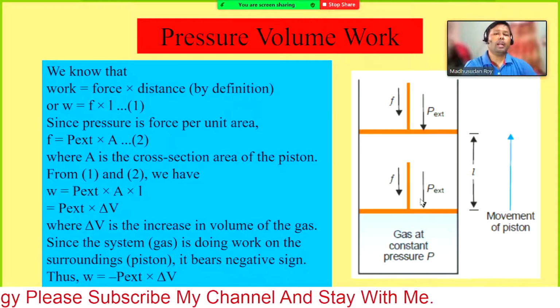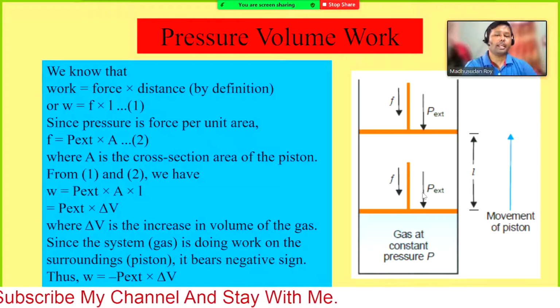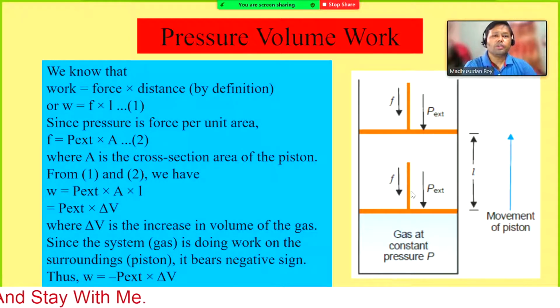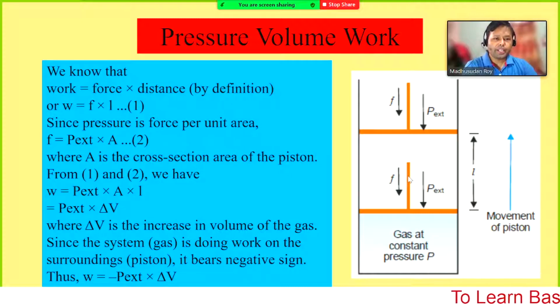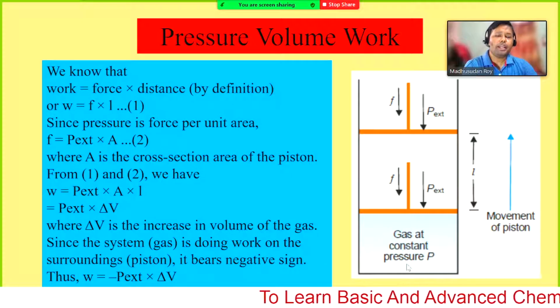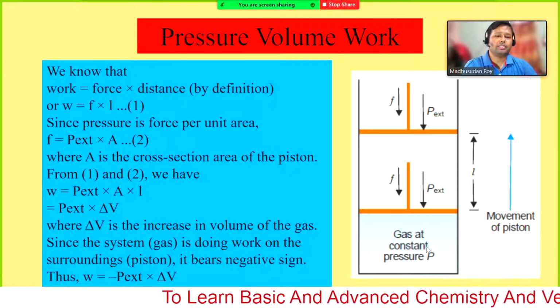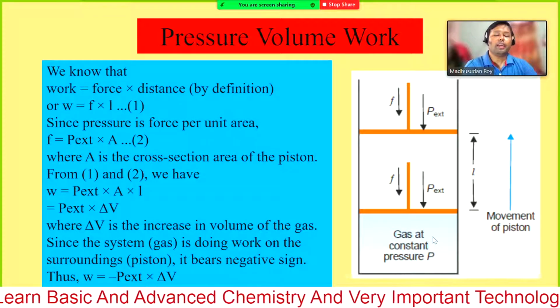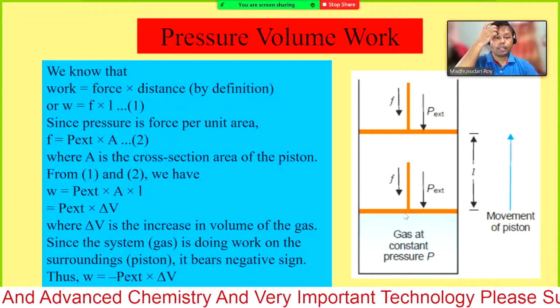Now if you apply some force over the piston, the force F will apply some pressure on the piston, and exactly the same pressure will apply on the gas inside, because this gas will exert some pressure over the piston.